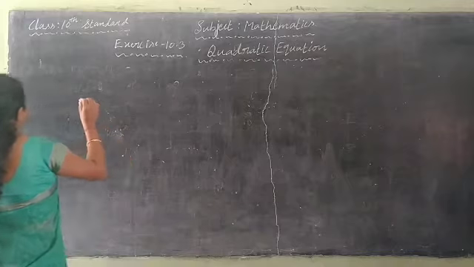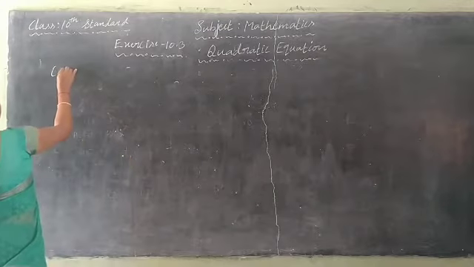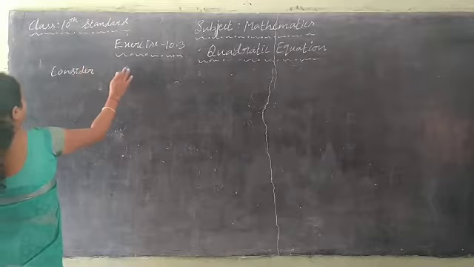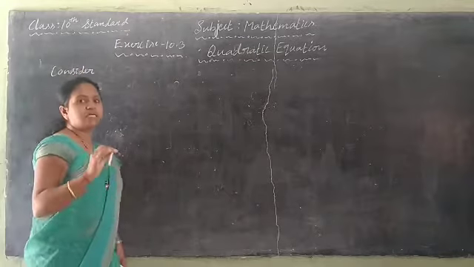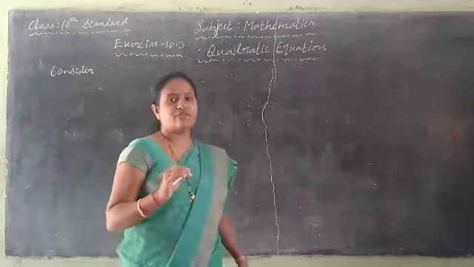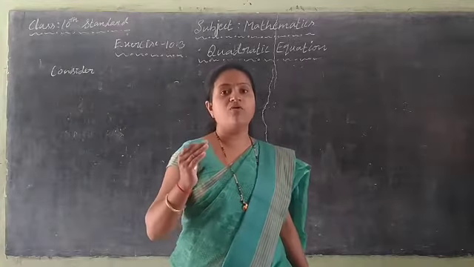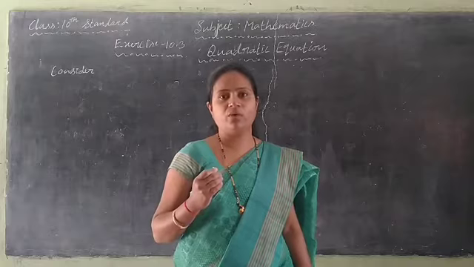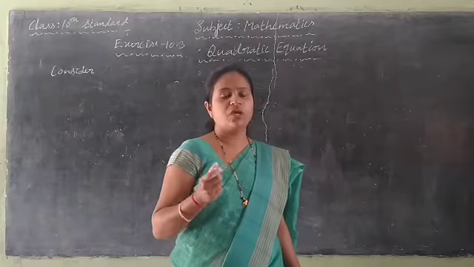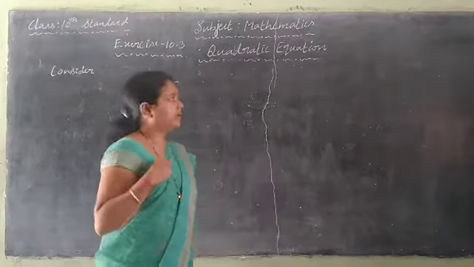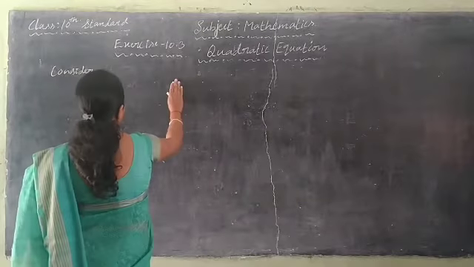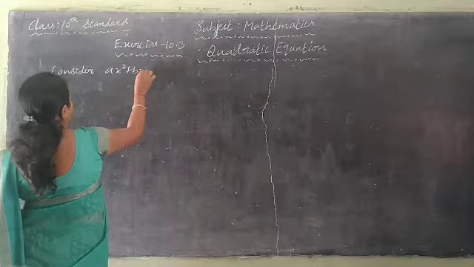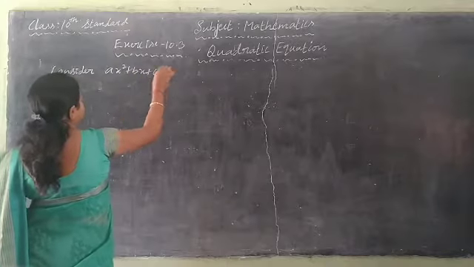Here we have to consider the general form of quadratic equation, children. Now we are going to find out the formula to find out the roots of the given quadratic equation. Understood? For this we are going to consider a general form of quadratic equation, that is ax square plus bx plus c is equal to 0.